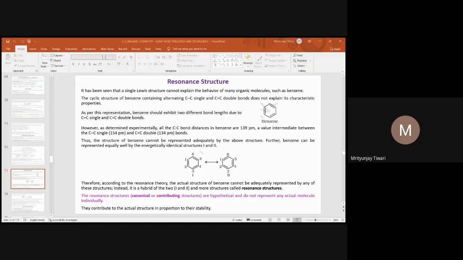Because of the positive R effect of the substituent on this benzene ring, we also see whether it is activating or deactivating. Based on that, whether it will push extra electron density into the benzene ring or the aromatic ring, or pull away electron density from the aromatic ring, one can determine whether this substituent is activating or deactivating towards electrophilic attack. Why electrophilic attack?